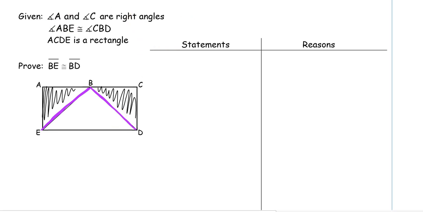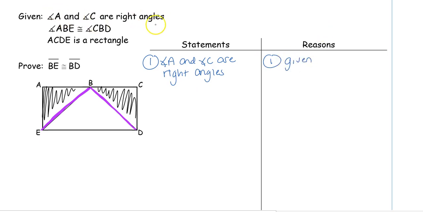We have angle A and angle C are right angles. We know that because it was given to us. Remember, we use every given until we've shown something congruent. We haven't shown anything congruent yet.